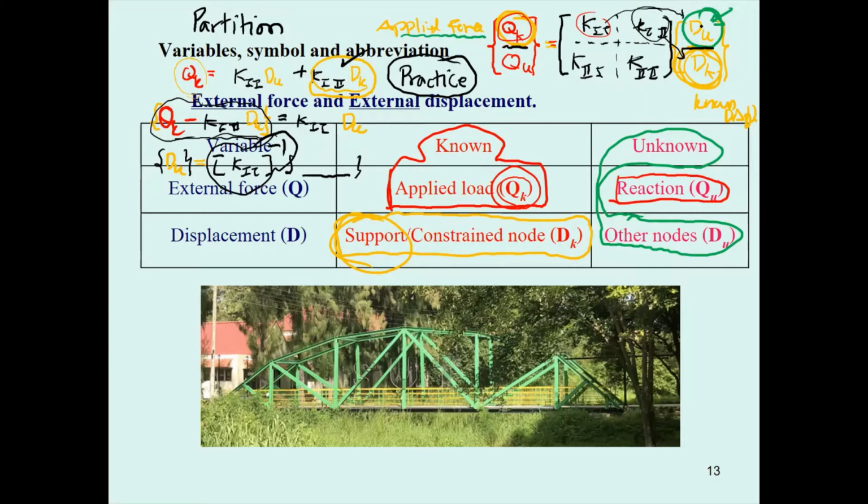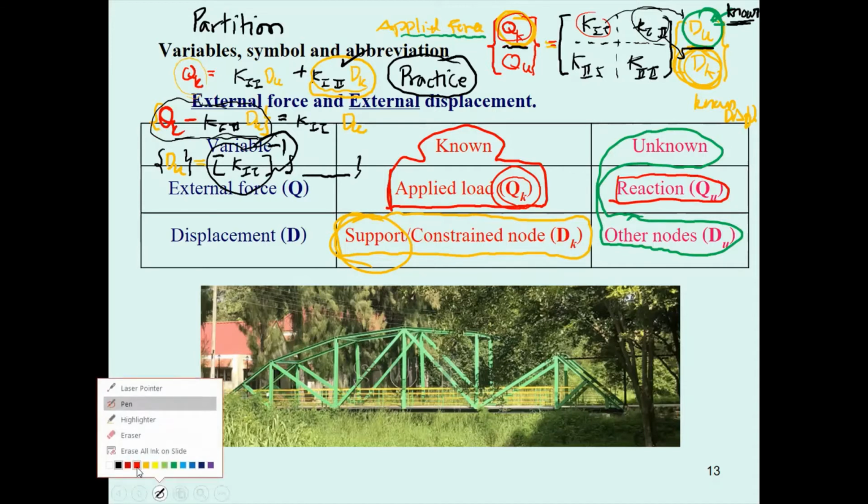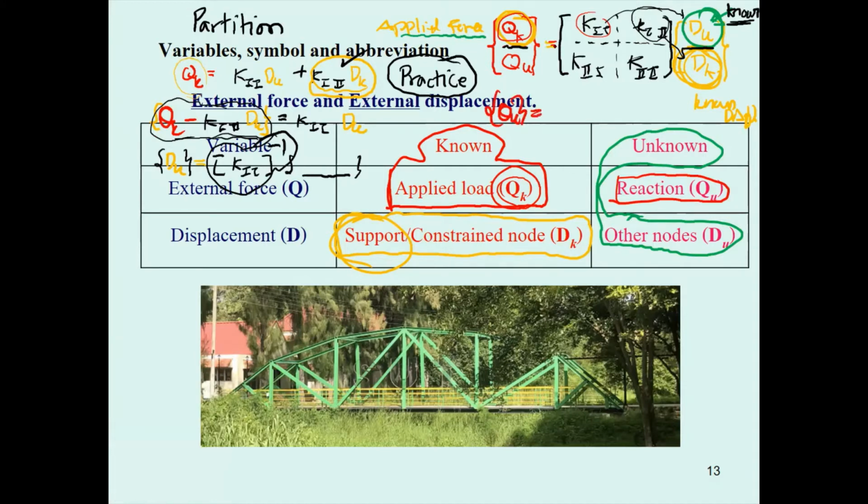Now you can compute, and this D sub U is known. You can then determine the reaction Q sub U. That is going to be very easy.